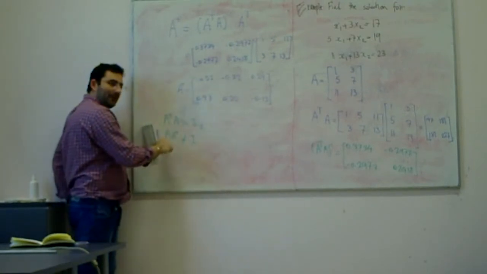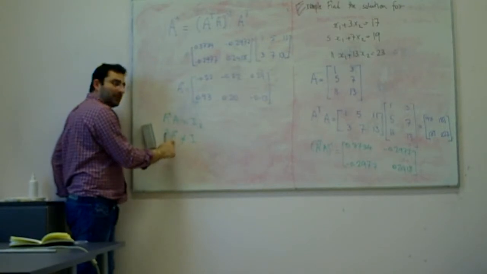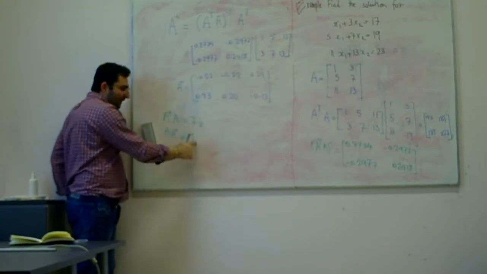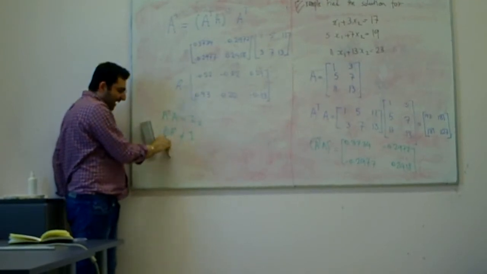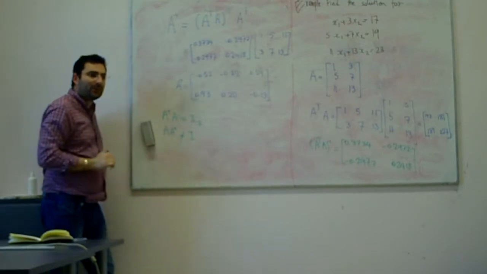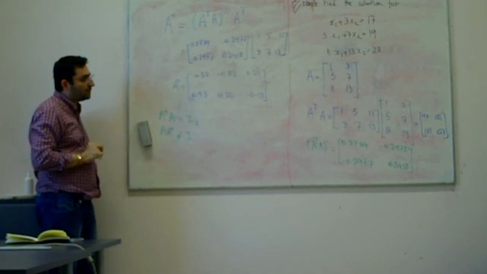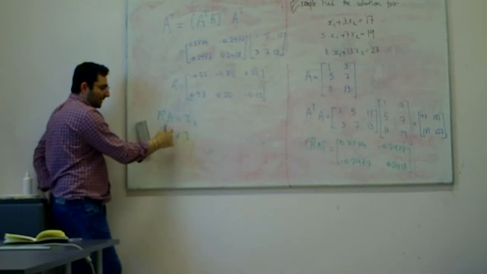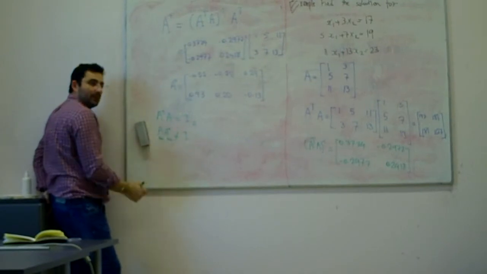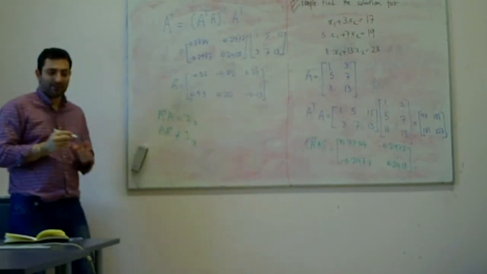What do we expect the size to be when we multiply A by A plus? 2 by 2 for A plus A. A is 3 by 2, and A plus is 2 by 3. So you would expect I3, but if you do it, you will see that you do not get I3.